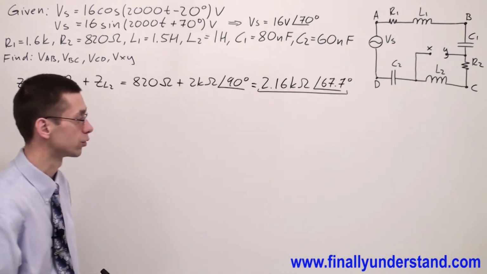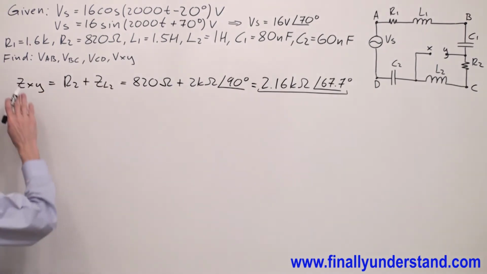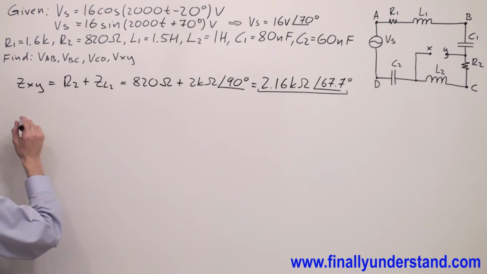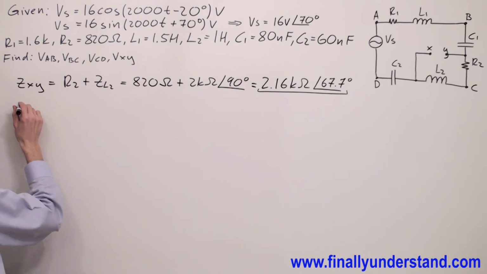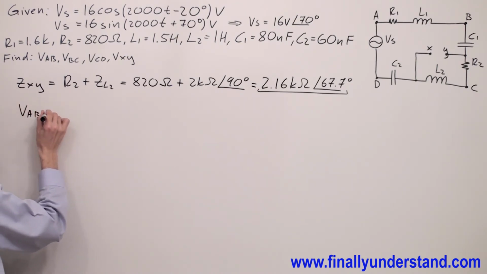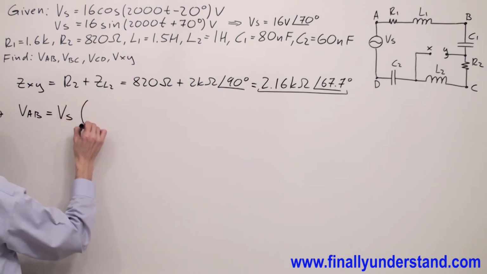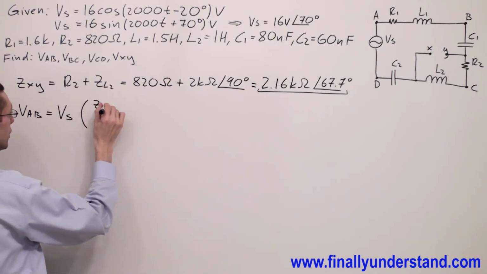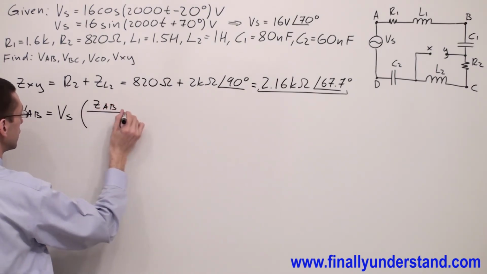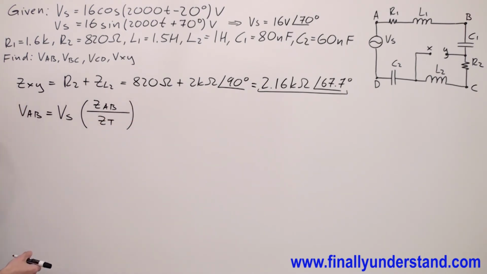Now we can use voltage division law to find the following voltages. Now, in order to find VAB, you're supposed to multiply voltage source by the impedance ZAB and everything divided by Z total. Okay, this is the voltage division law or voltage divider formula.